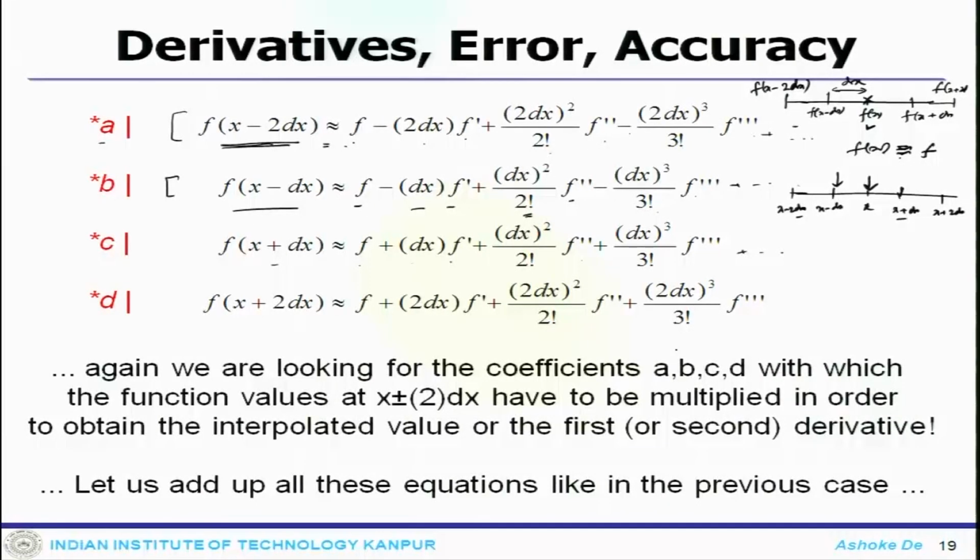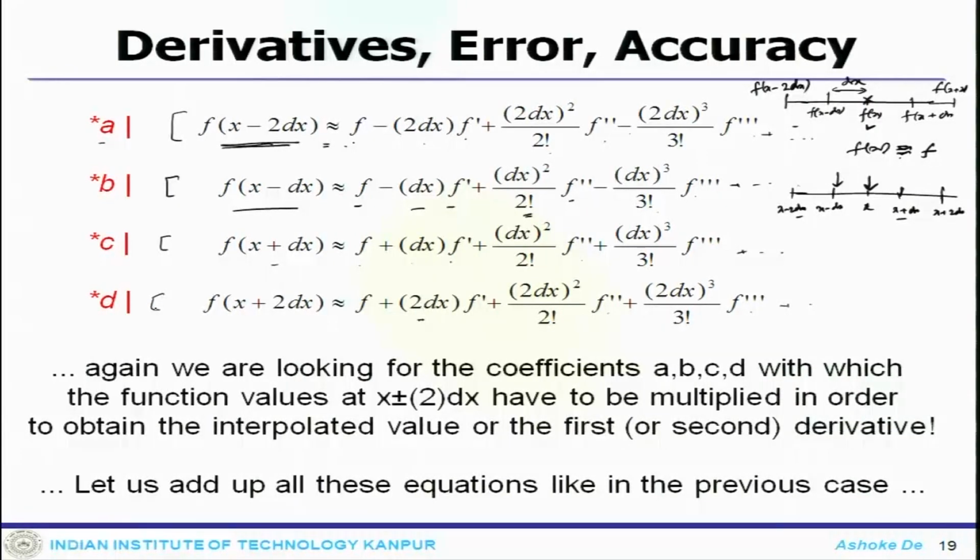And the last one, which is multiplied with c, is the term you want to evaluate at x plus 2 dx. So x plus 2 dx is f plus 2 dx f prime plus (2 dx) square by factorial 2 f double prime plus (2 dx) whole cube by factorial 3 f triple prime and so on.